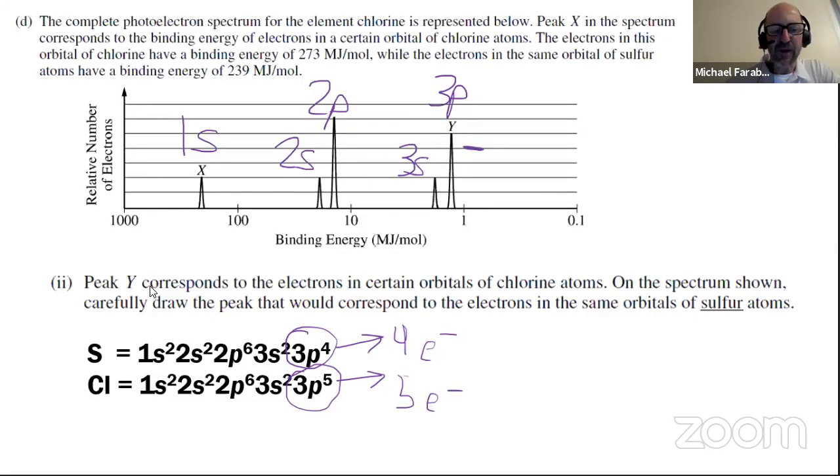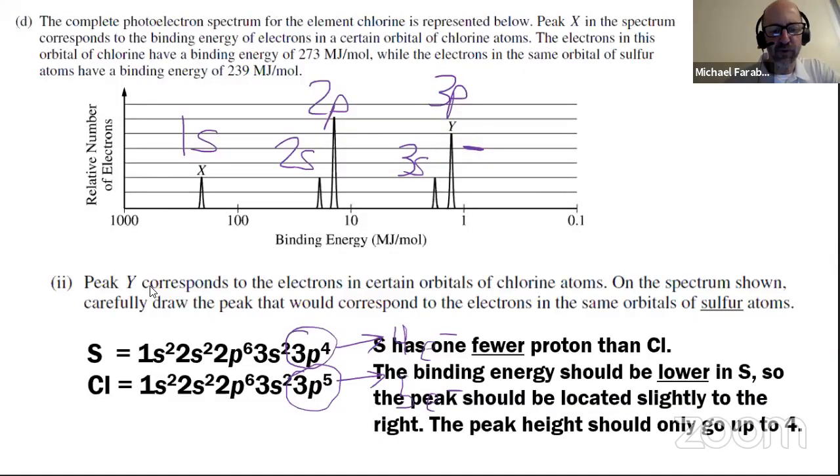But the other difference, we just talked about the difference in the number of protons. So if chlorine has more protons, that is a higher binding energy. We can say that the other way. If sulfur has fewer protons, that would mean that the binding energy for the 3p orbital for sulfur should be a little bit less than the binding energy for the 3p orbital for chlorine.